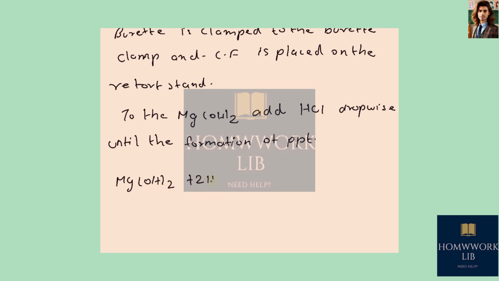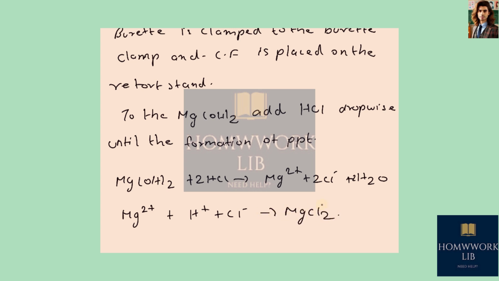That is, with HCl it would give Mg2+ plus 2Cl- plus H2O, while after this neutralization is completed, the magnesium from the magnesium chloride, on reacting with H+ and Cl-, would produce MgCl2, that is the precipitate.